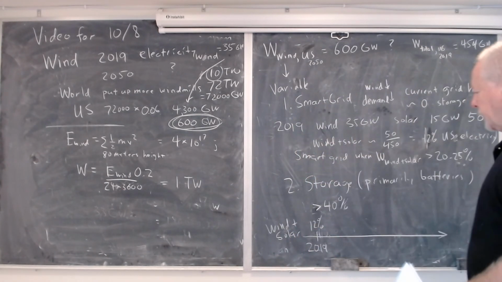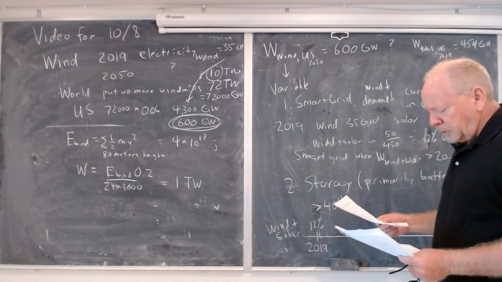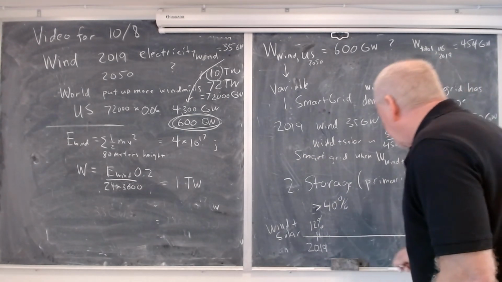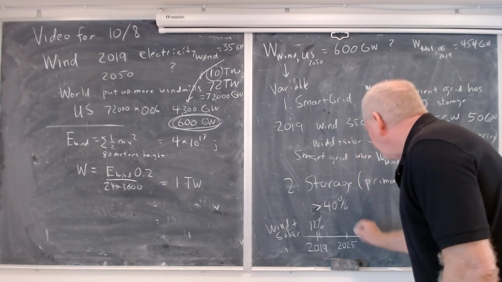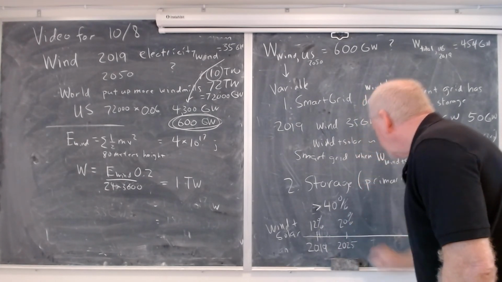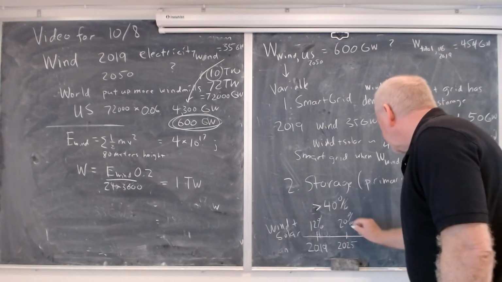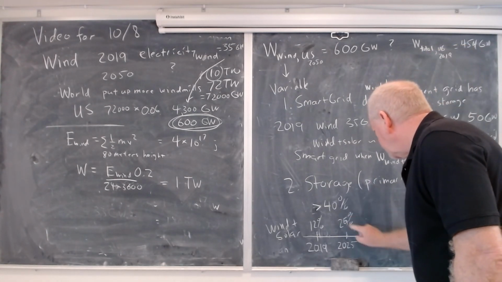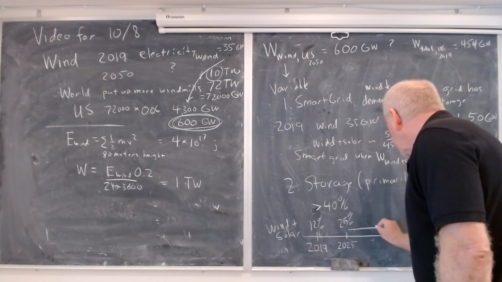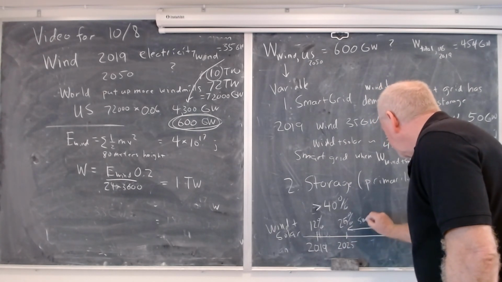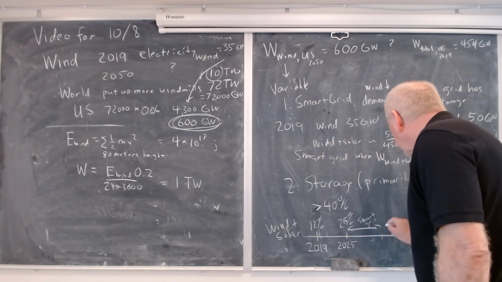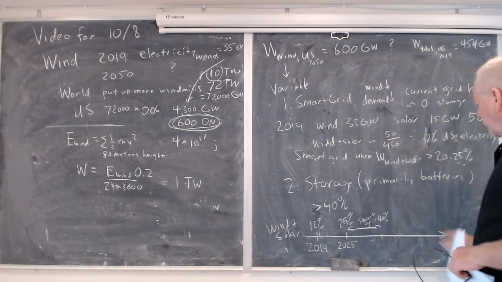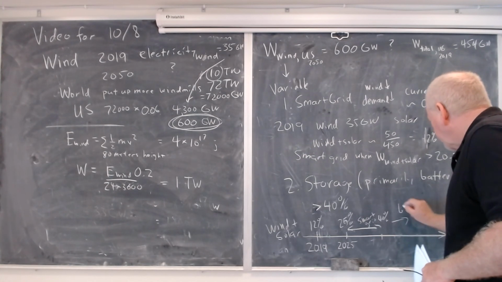All right, and that's rising pretty rapidly, and there's a chart in the notes that indicates that by 2025 that may be 20%, and let's say 25%, and so we would start to have the smart grid. And that would work up till some year where it's 35, maybe 40%, maybe. And then beyond that, batteries or storage.